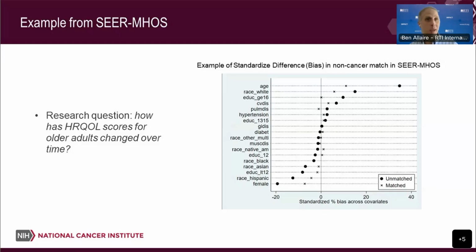It comes in the command. I didn't write this myself. And you can see the little X's occur where the standardized bias is on the axes there, and the circles are how much we've reduced the standardized bias by matching. And so you can see at the top, age was very biased in our two samples. And then you can see that on down the line, they become less and less.